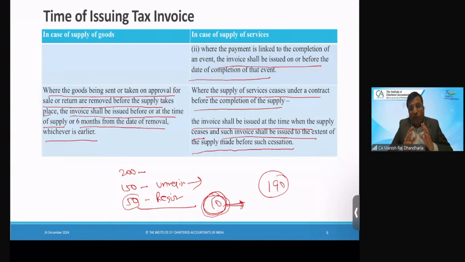Okay. So I conclude the things. So what is the conclusion? Number one, if the value of goods or services is less than rupees 200, then you ask the customer whether you need the invoice or not. If you don't need any invoice, you make a consolidated invoice for all the customers at the end of the day.